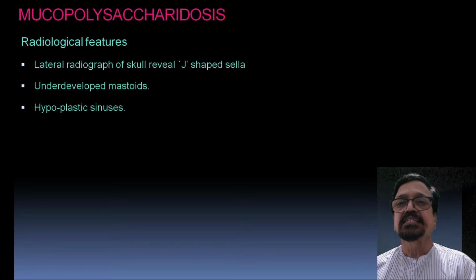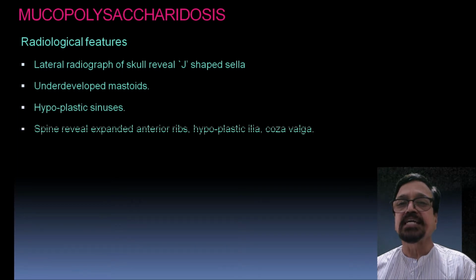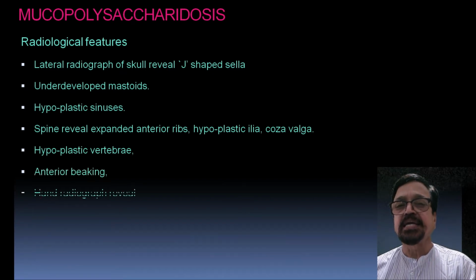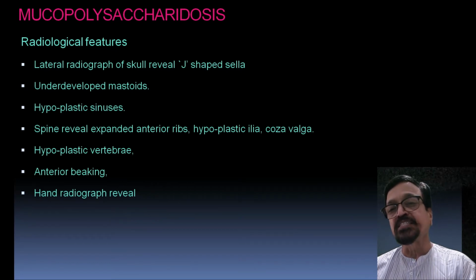Then sinuses will be hypoplastic. Spine reveals expanded anterior ribs and hypoplastic ala and coxa valga. Then hypoplastic vertebra, anterior beaking of the spine, which is most characteristic and one of the most important findings through which the MPSs are picked. And then we go to the lateral to find out the remaining findings.